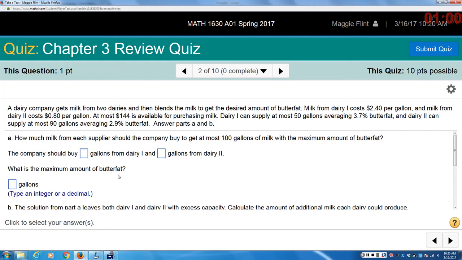Because they put at most 50 and separately listed at most 90, that should have been my clue, those were my signs for less than. Less than or equal to. It says at most, it's always less than or equal to. If it says at least, greater than or equal to.